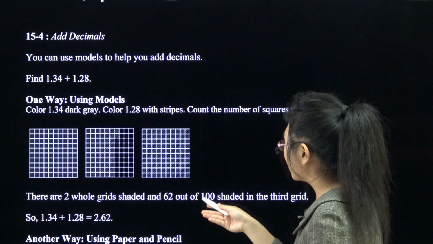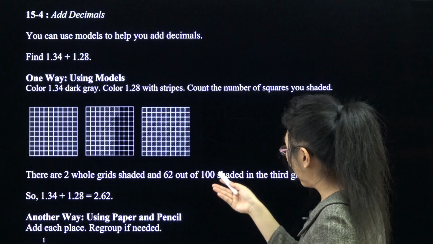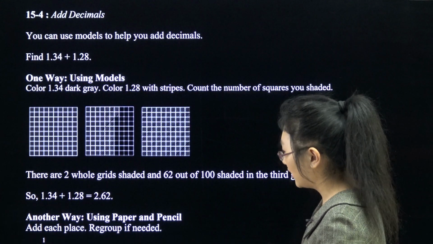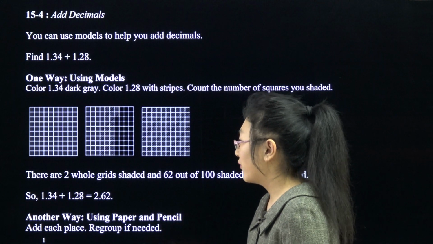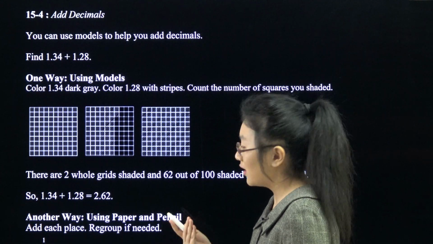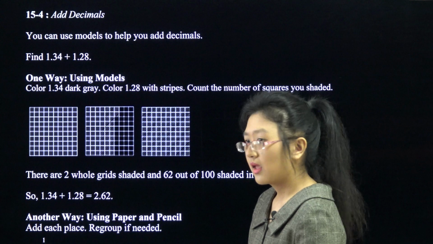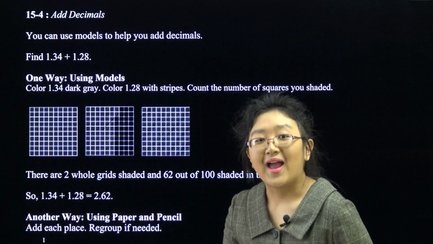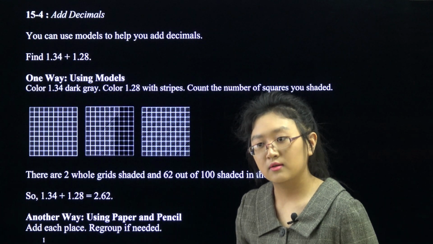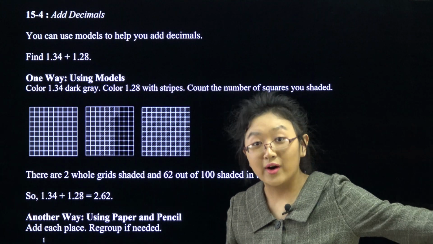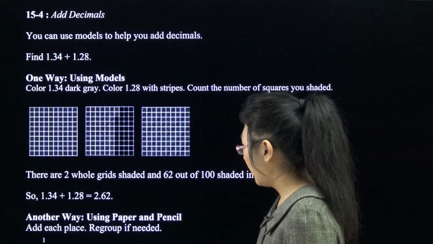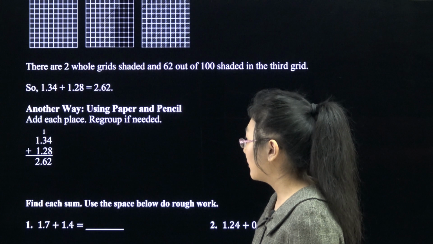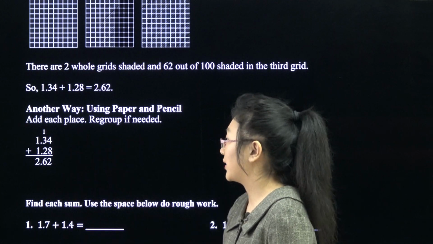There are 2 whole grids shaded and 62 out of 100 shaded in the 3rd grid. So 1.34 plus 1.28 equals 2.62. Guys, come on, you've been adding 3-digit numbers since a while ago. So we just use paper and pencil, and we just add each place and we regroup if we need to.